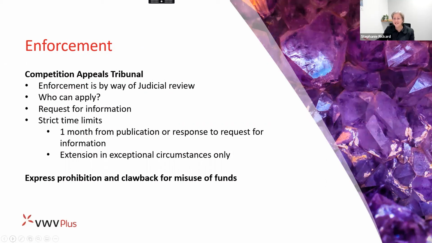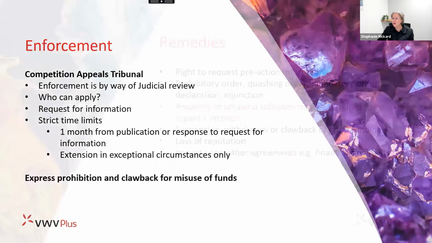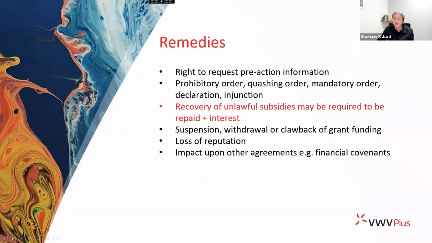So once information has been put on the transparency database, an interested party can apply to the public body to find out further information about specifics of a subsidy. And the remedies which are always there of clawback for misuse of funds or subsidies remain. But because we're talking about judicial review, the range of remedies is slightly wider.